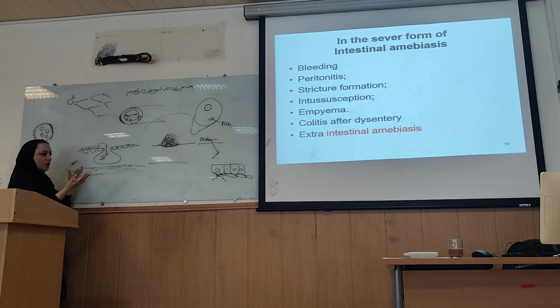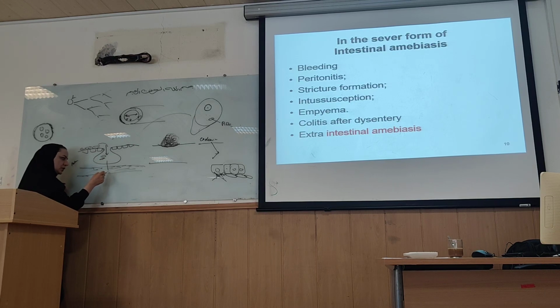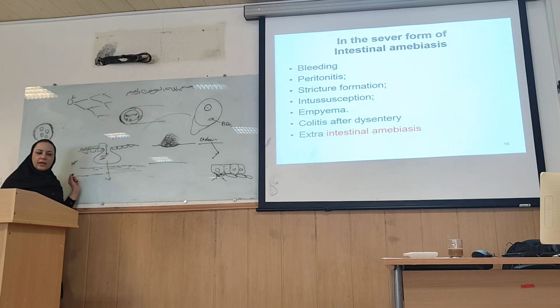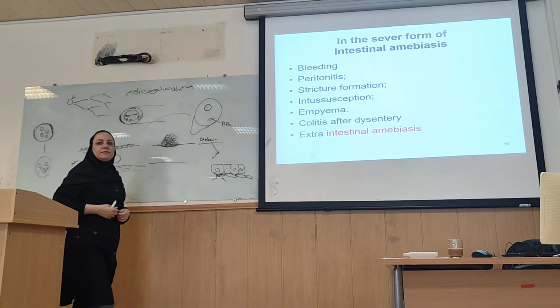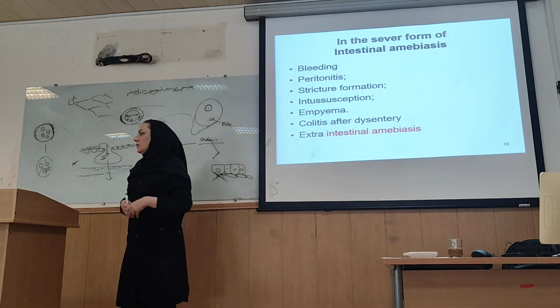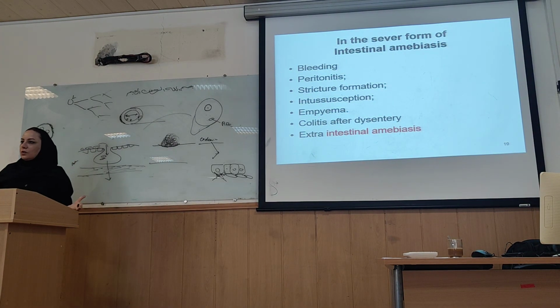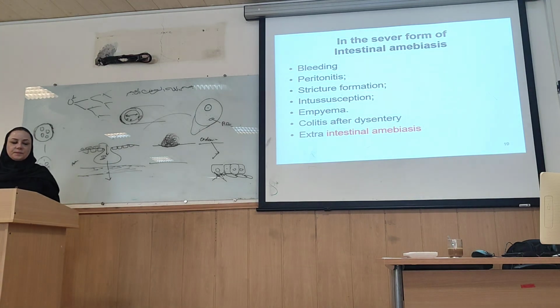It is very hard for histolytica to digest these, but sometimes histolytica can also digest this muscle and go to the abdominal cavity. Here we have the peritoneum, and the peritoneum covers our abdominal cavity.